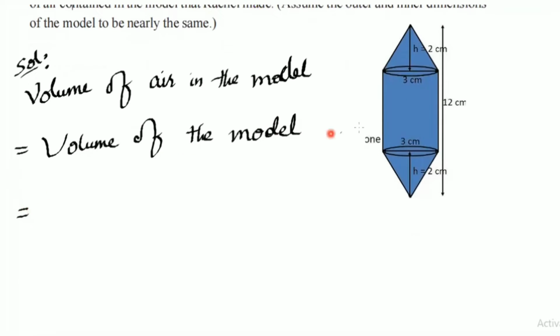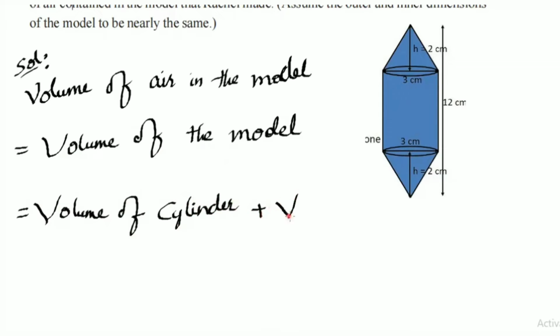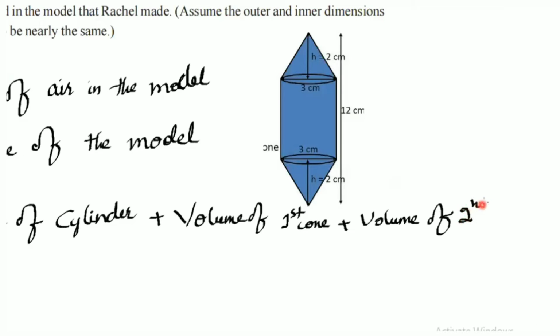And volume of model is equal to volume of cylinder plus volume of first cone plus volume of second cone, because there are two cones here.